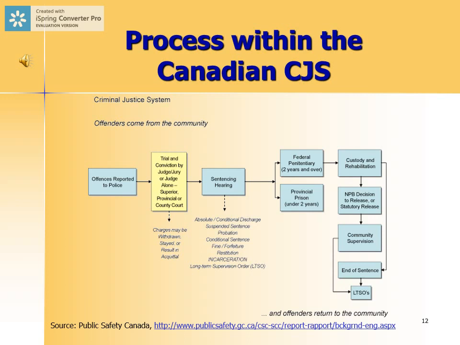And again, there are numerous types of sentences that can be handed down by a sentencing judge. As we mentioned before, once the sentence has been handed down, that individual either goes into the federal correctional system or the provincial correctional system. Just because they're in the correctional system doesn't necessarily mean they go to jail. They can be released in the community, and most are.